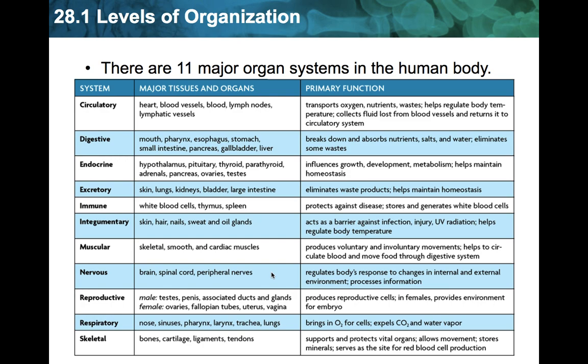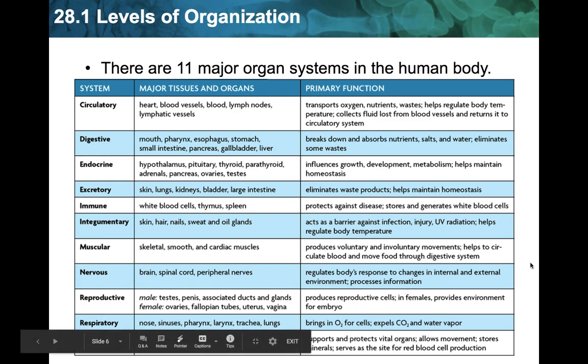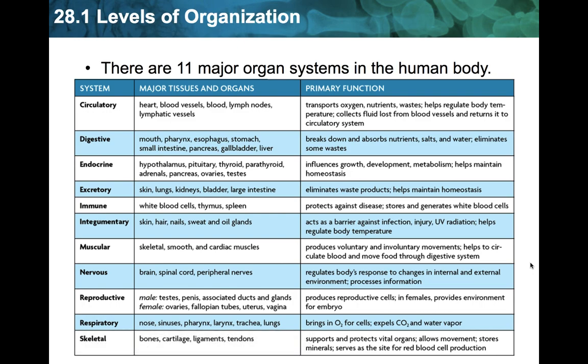So kind of interestingly, I learned this in college. I don't remember if we learned this in high school. I don't think we did, but I remember learning it in college. So all of these systems work to maintain homeostasis in your body, and I know we talked about homeostasis before. The only one that doesn't is the reproductive system, which is kind of odd.